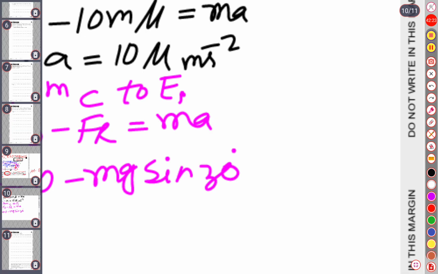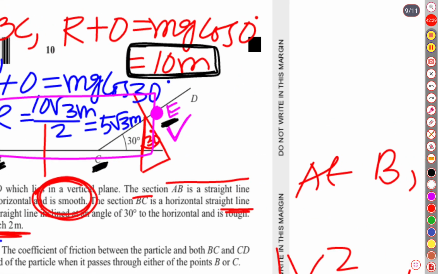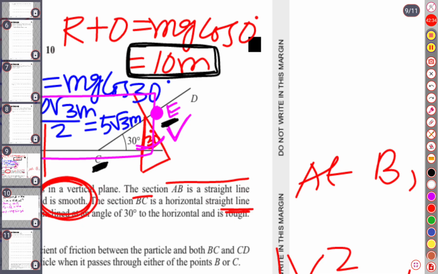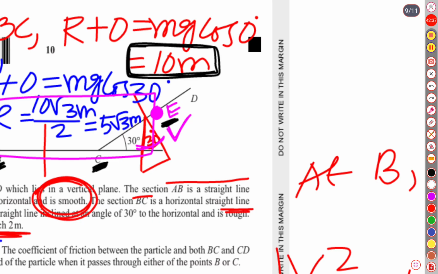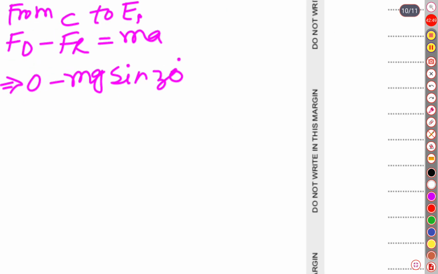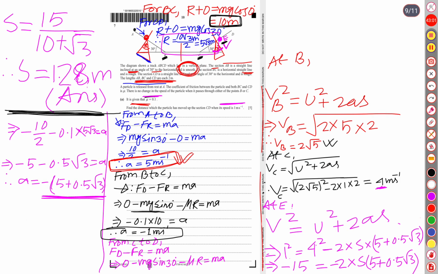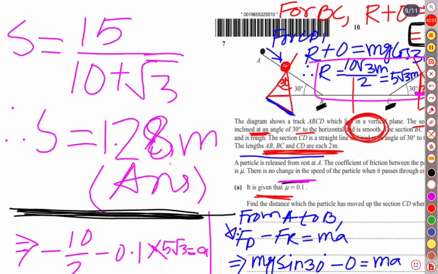Let me show you. It was inclining at an angle of 30 degree. Yes, look at this, here the angle is 30 degree. Because we are calculating C to D, D and E are the same, so angle is 30 degree. That's why we have written mg sin 30 degree. Then the second resistance to motion is mu R, and we have already found R at the beginning.